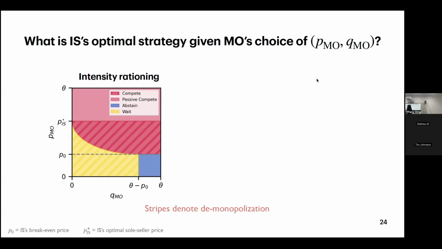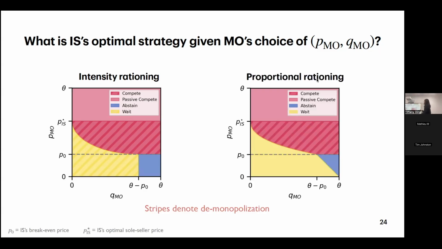And then finally, there's this region where the marketplace operator has set a price below the independent seller's break-even price, and they have a lot of inventory. So the independent seller can't do anything that can yield a positive profit, so they just abstain from selling.